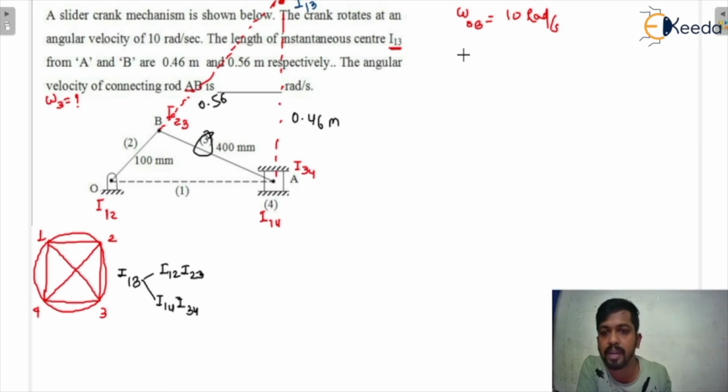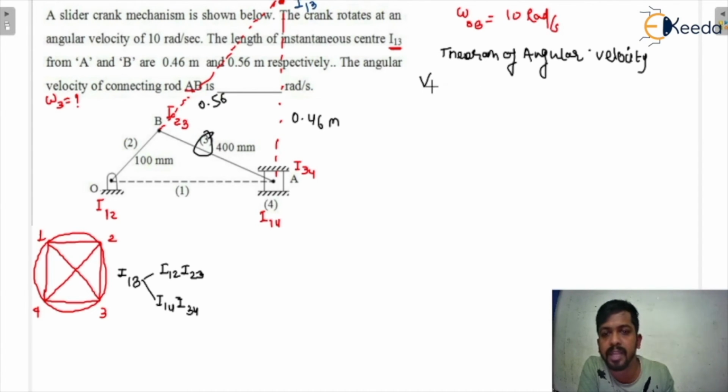Now we are going to apply the theorem of angular velocity, which is based on Kennedy's theorem. We already studied the theorem of angular velocity.